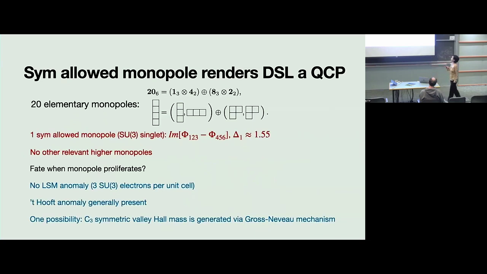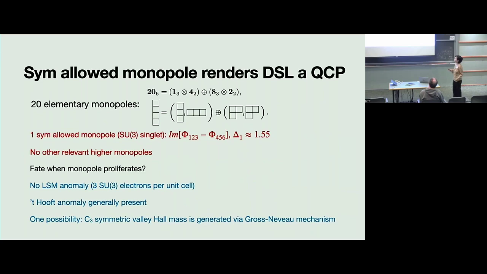And at this intermediate regime, there are 20 elementary monopoles, and we find that one of the SU3 singlet monopoles is trivial and also relevant from the large N calculation.